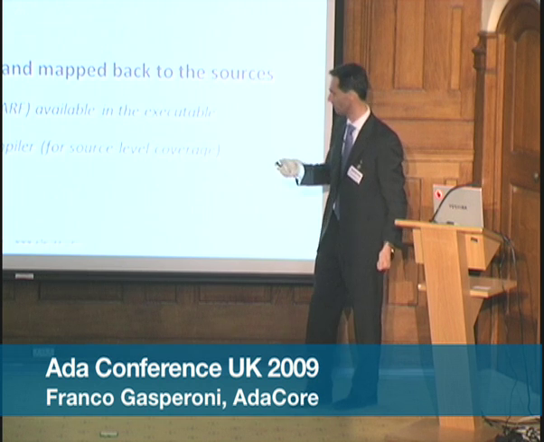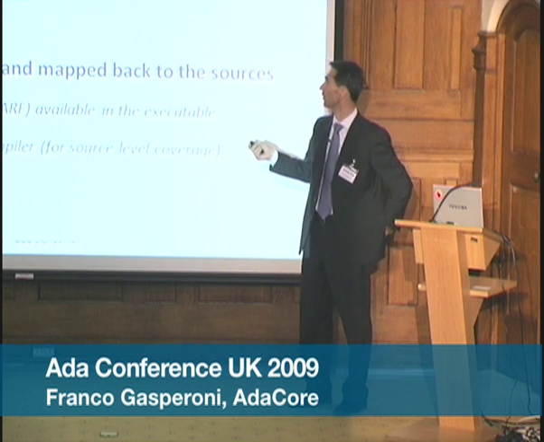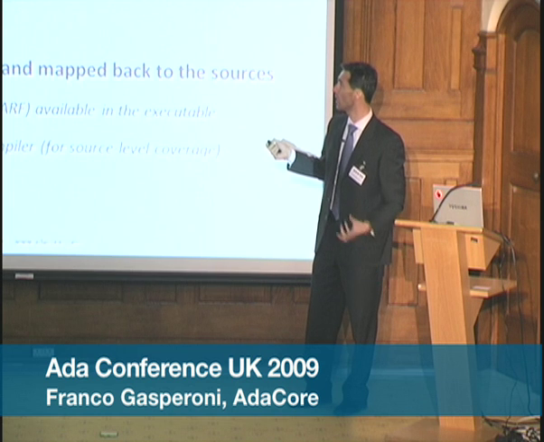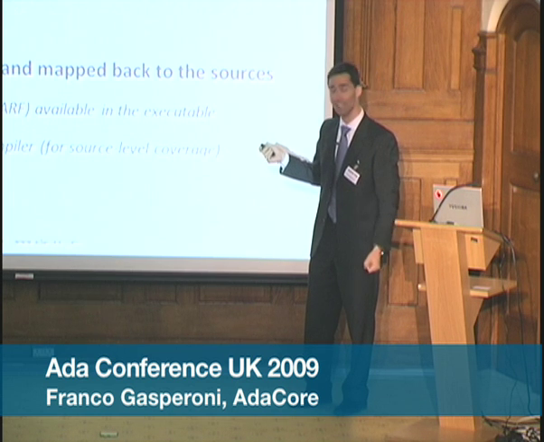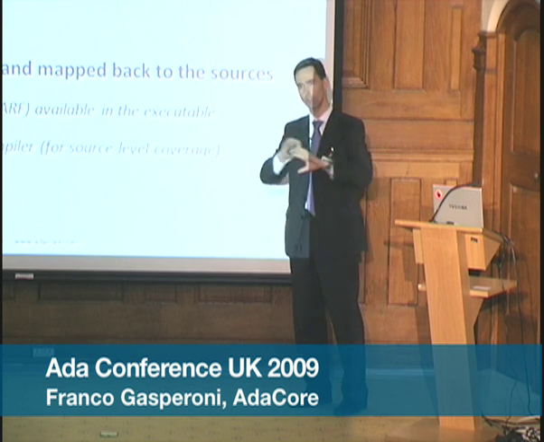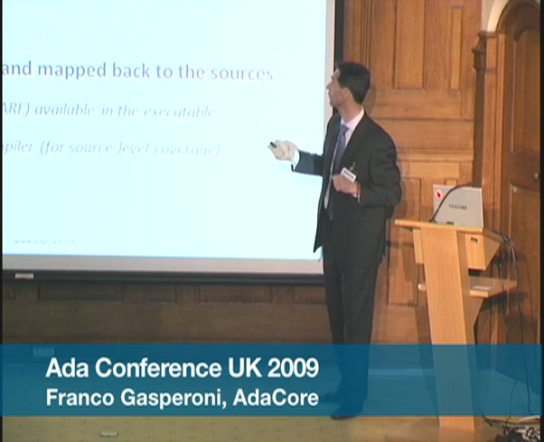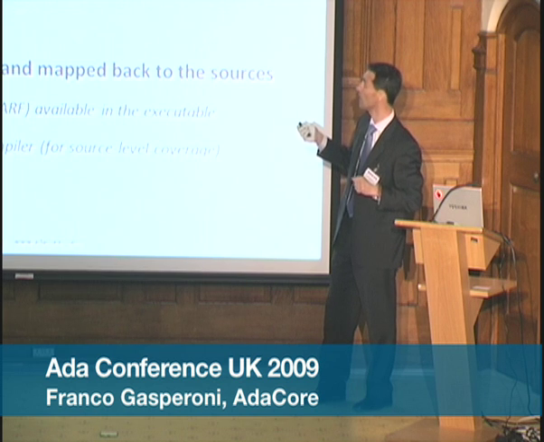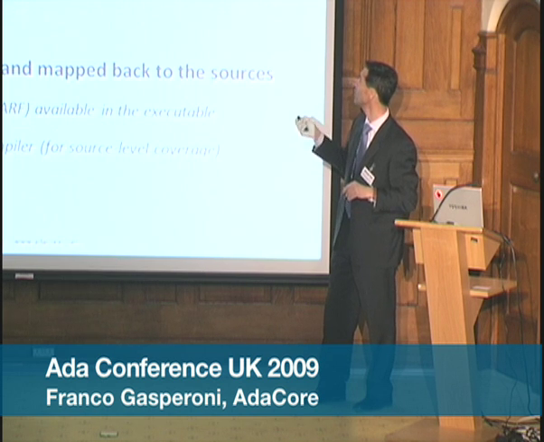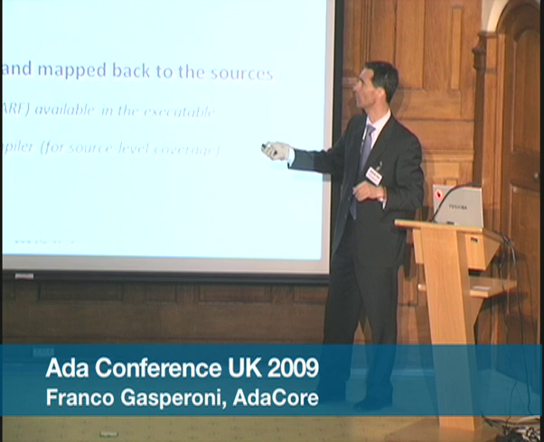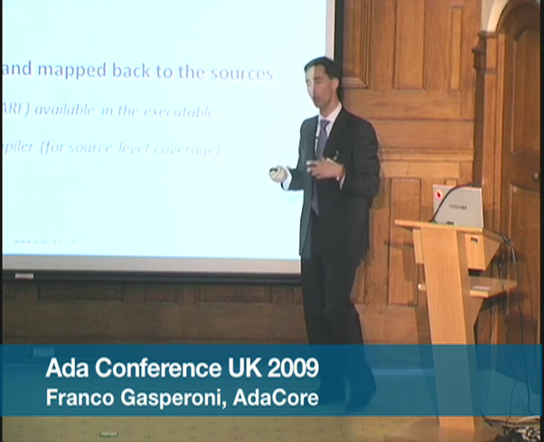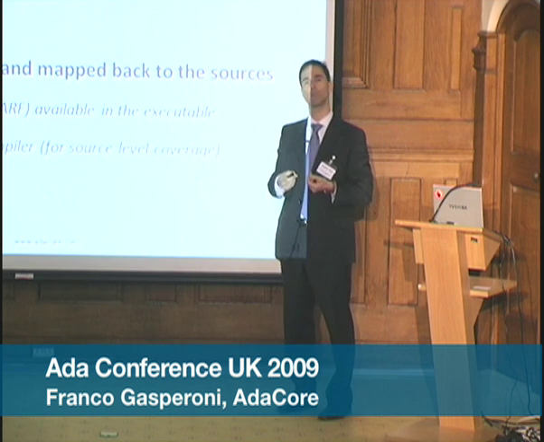So how does it work? How does project coverage work? We run the object code for the intended target. So you take your cross-development tool chain for your PowerPC or whatever processor, and you run it unmodified on an emulated target. And we use the Quick Emulator, which is an open source emulator, to run the software.